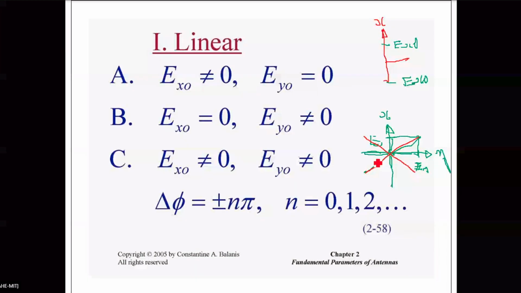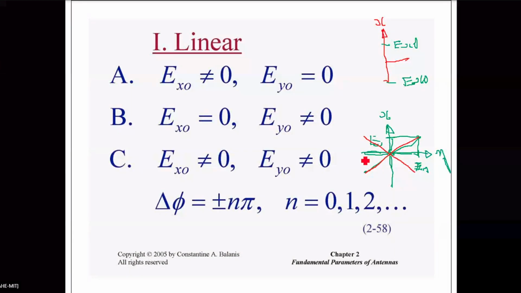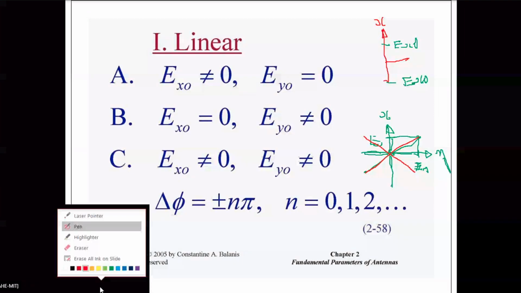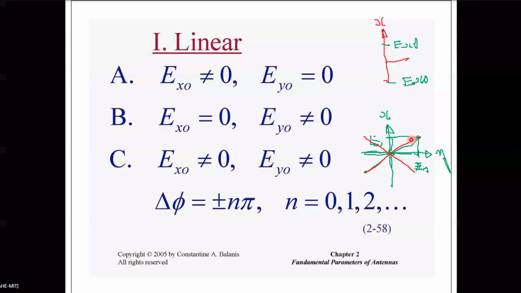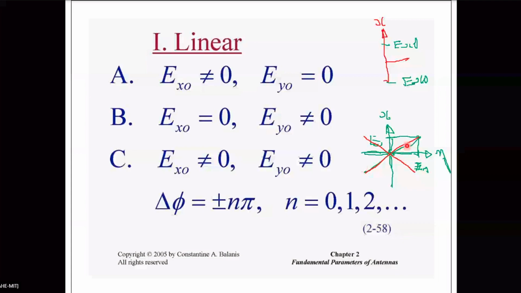Okay, it can move up like this. That is when both Ex and Ey components are present. Have you understood this? Yes, sir.